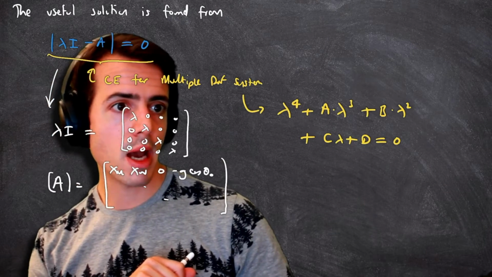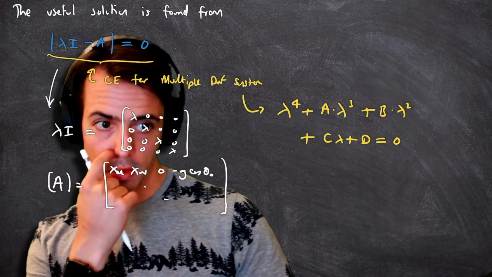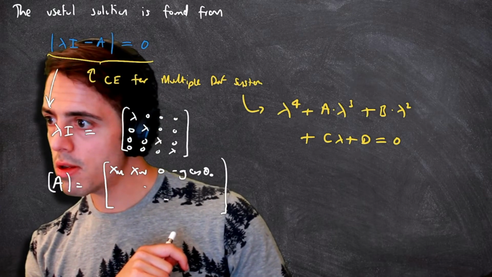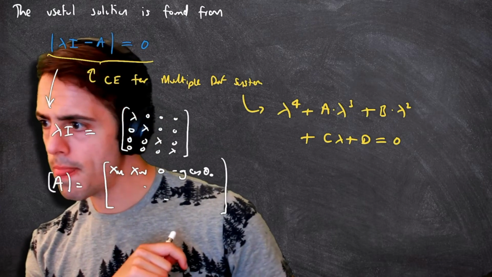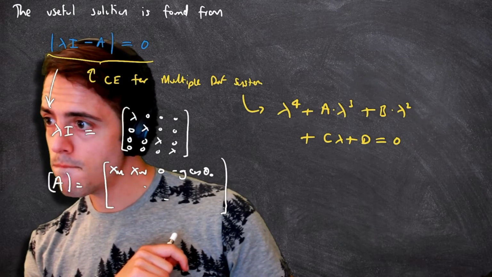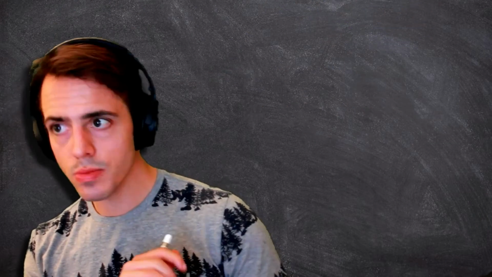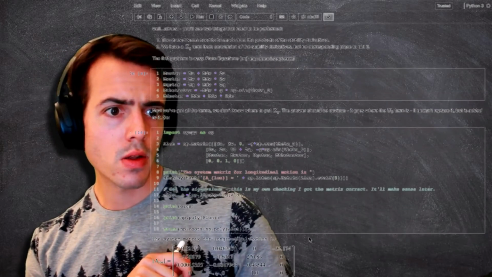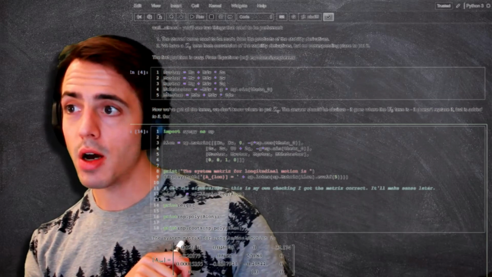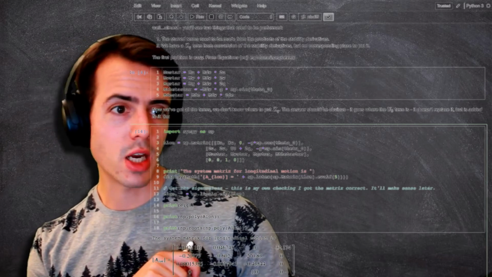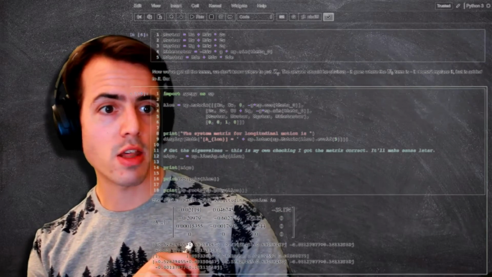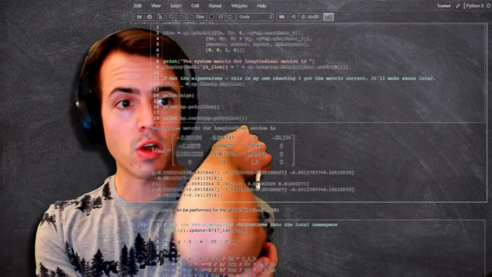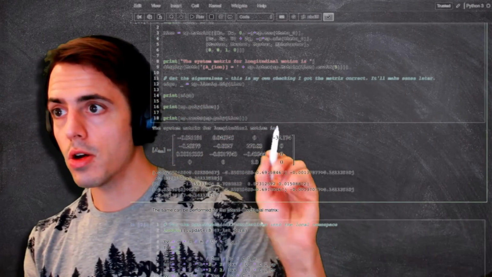Let me just go back to the accompanying notes, or my version of the accompanying notes. What we're after is the eigenvalues, but there are ways you can use NumPy to get the characteristic polynomial of any matrix.